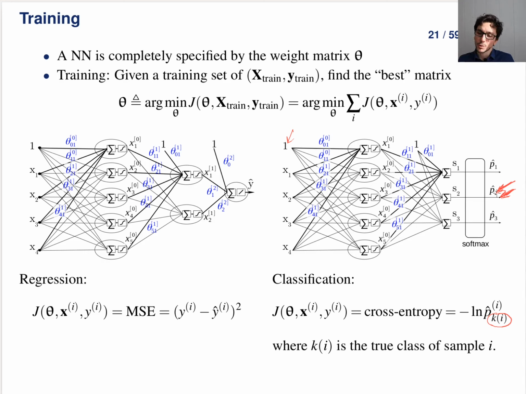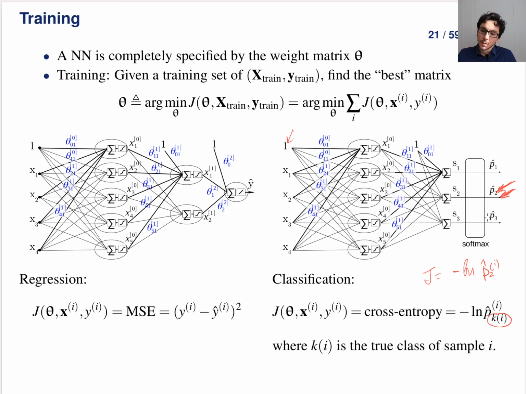We just focus on the predicted probability of class 2. And the loss is minus logarithm of p hat 2 i, because k_i is equal to 2.